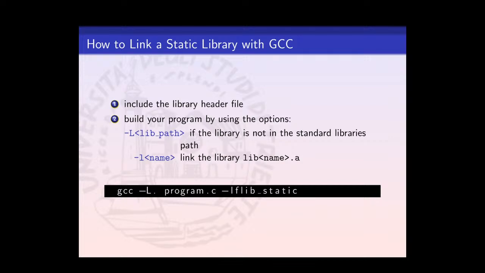So here we have to specify exclusively two parameters. The first one is the path of the library at the compilation time, and the second one is the name of the library we want to link to our program, and that's all.